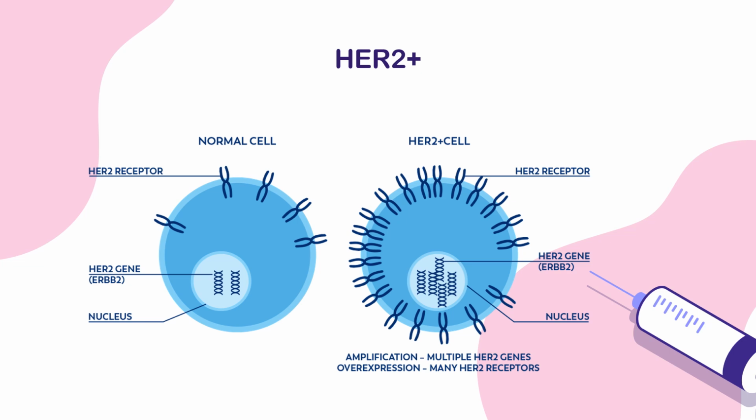Having too many copies of the gene is called amplification, which results in making too much HER2 protein on the surface of the cells. When the protein is overexpressed, tumor cells can grow and multiply too quickly. Hormone receptor tests and HER2 status tests are done on cancerous tumor cells to determine the treatment pathway.